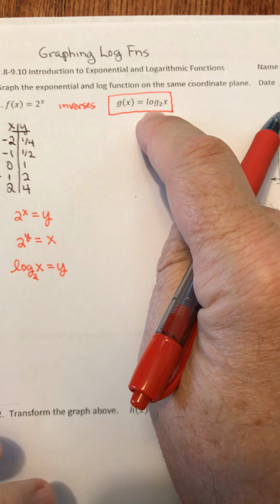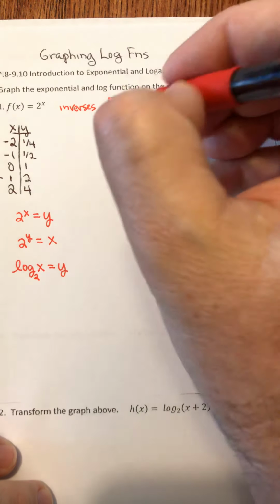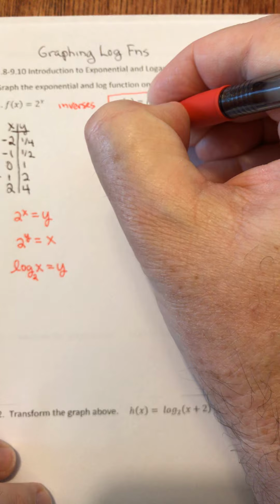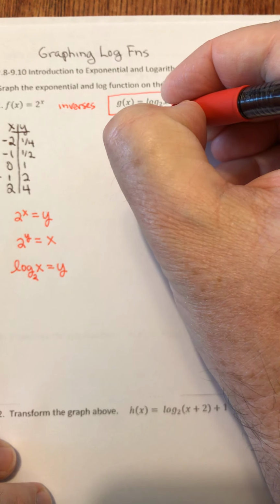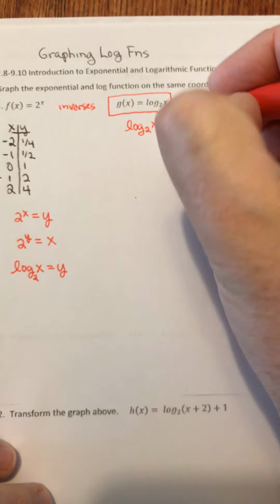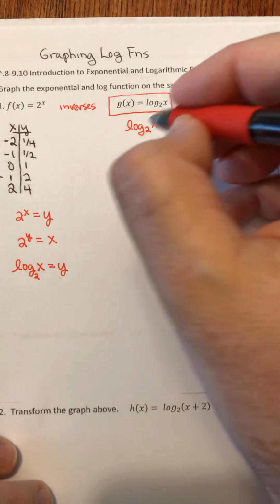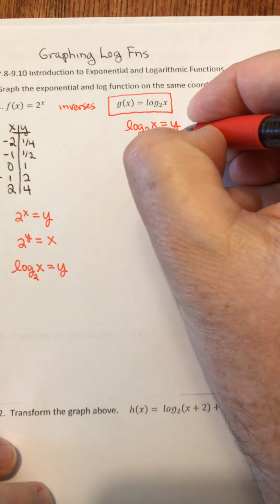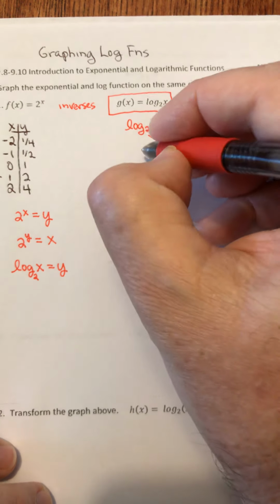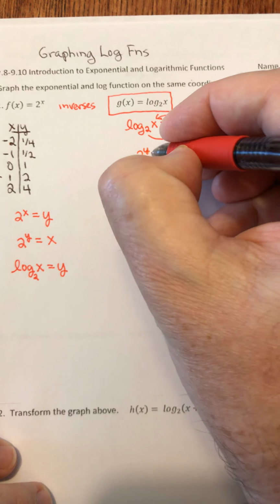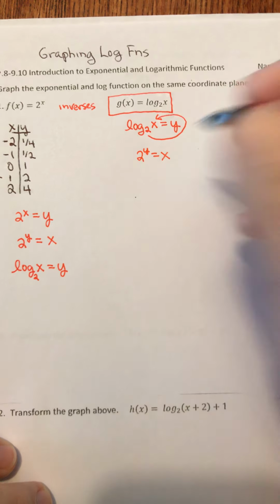I could use the change of base, but it's easier. First, let's rewrite the g of x as a y, and then change this to an exponential function. It'd be 2 to the y equals x.